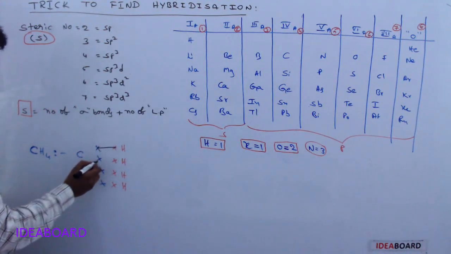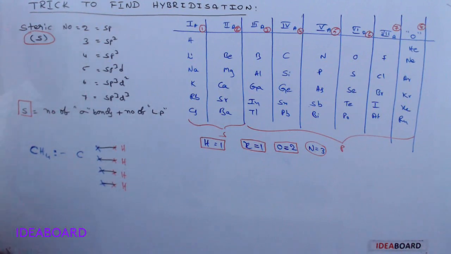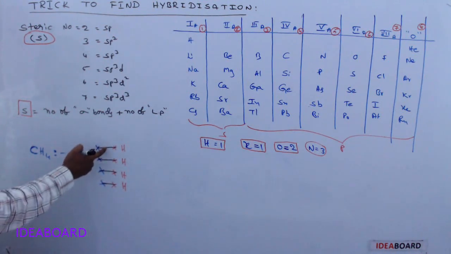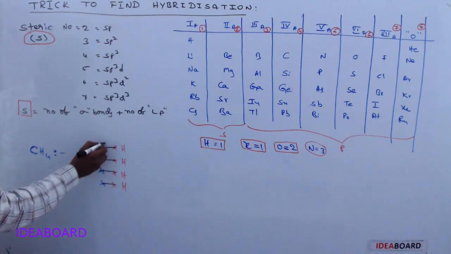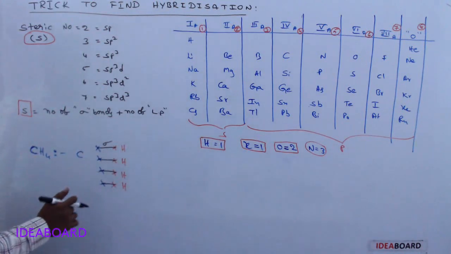So between carbon and one hydrogen, one single bond is present. This is a sigma bond. All single bonds are sigma bonds. Very, very important: all single bonds are sigma bonds only.